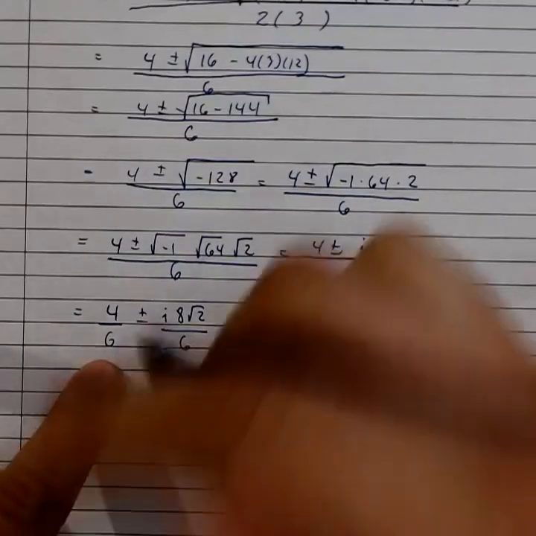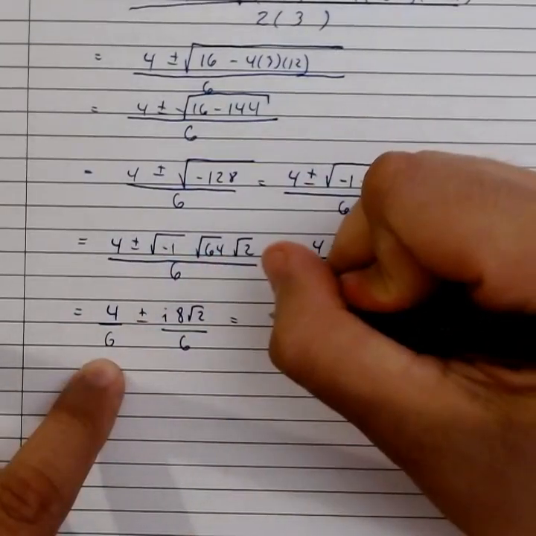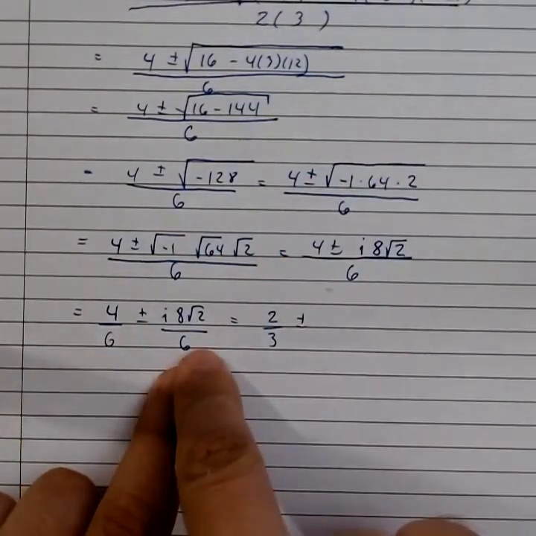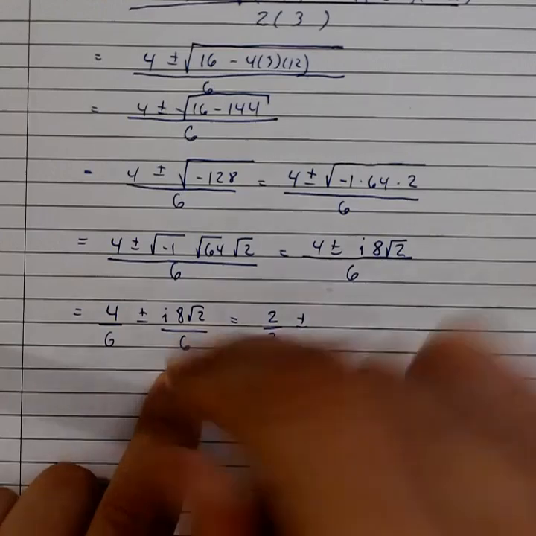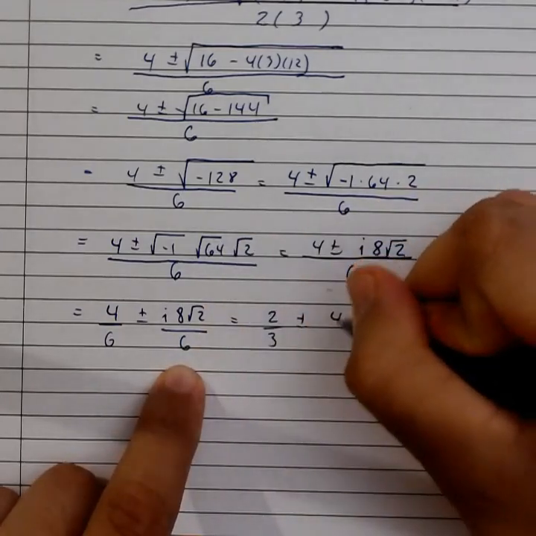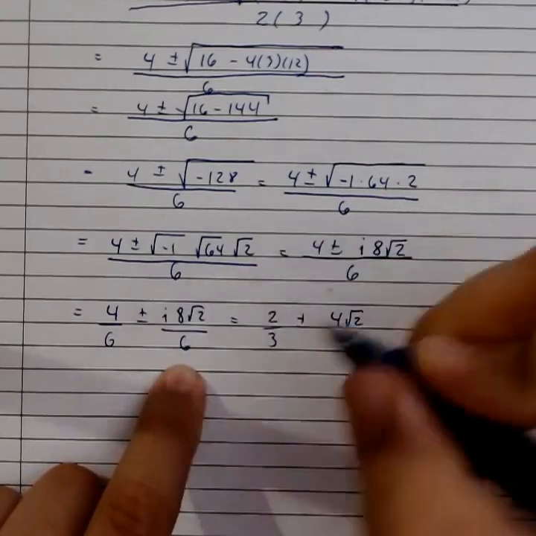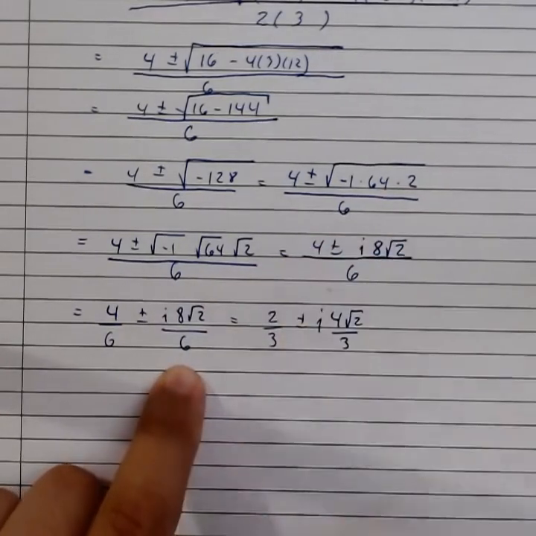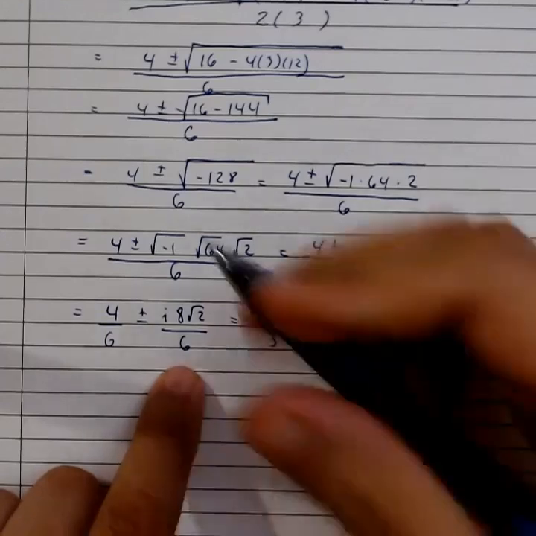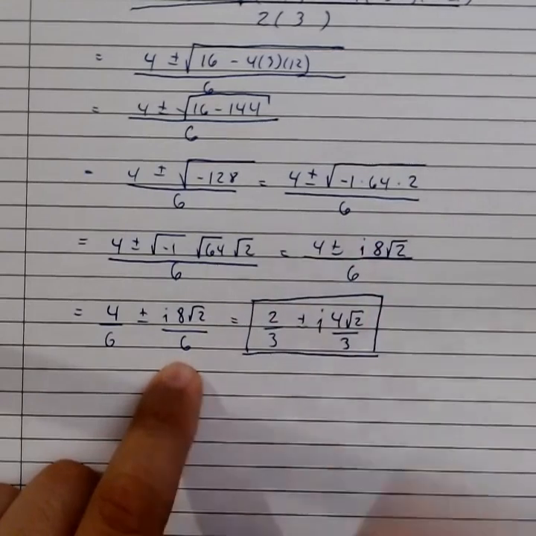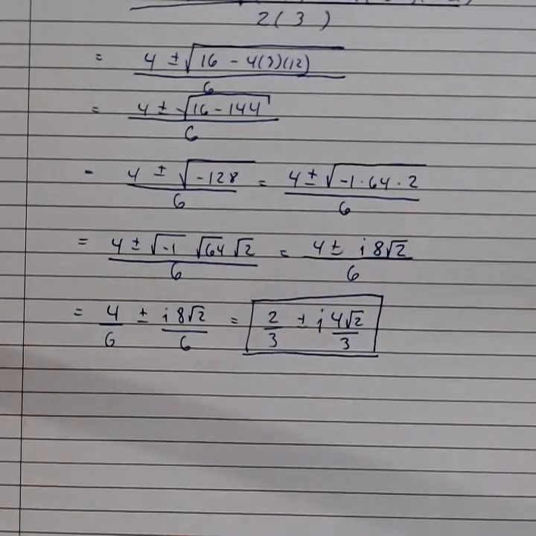Right? 4 over 6, that's the same as 2 over 3. Plus or minus, and then 8 over 6 can also reduce to 4 over 3. So that's going to be 4 root 2 over 3. And then that's our imaginary part. So it's being multiplied by an imaginary unit. And these are our results. 2/3 plus or minus 4i root 2 over 3. And there we go.